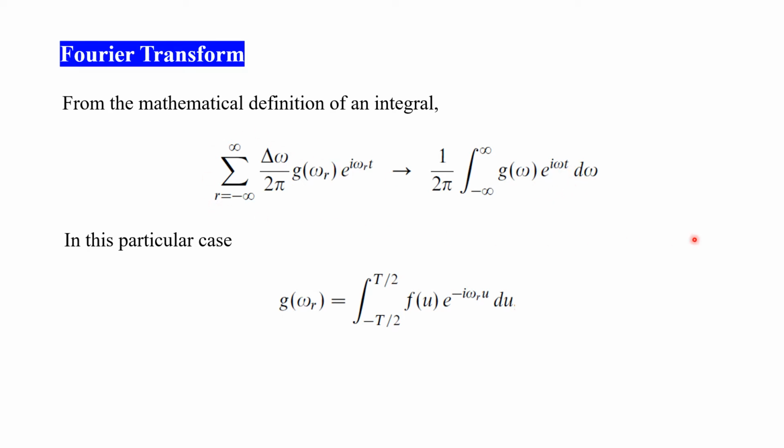This definition is just your Riemann sum integral, where if you take the limit of this summation, you get the integral of the same function. In this particular case, your g of omega r is equal to the integral of f of u e^(-i omega r u) du evaluated from negative t over 2 to positive t over 2.